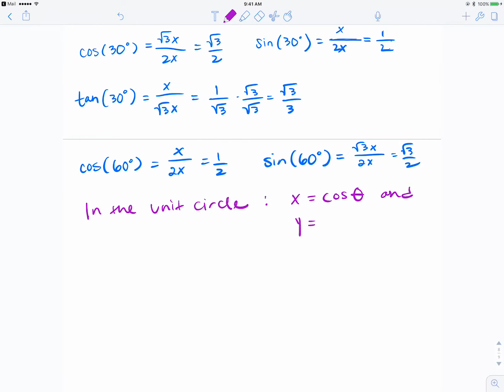Or we could write that as x comma y will correspond to cosine theta comma sine theta.